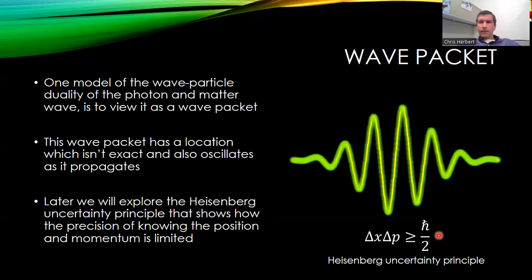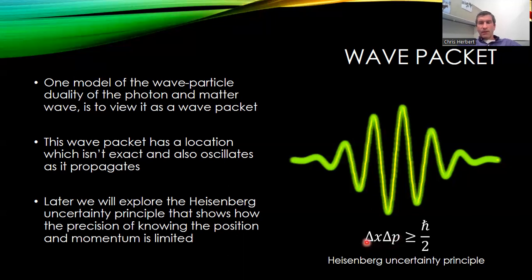So again, as I said, this wave packet doesn't have an exact location. And in fact, when we look at the Heisenberg uncertainty later on in the following chapter, we will see that there's an uncertainty in the position, but there's also an uncertainty in the wavelengths of the wave packet.